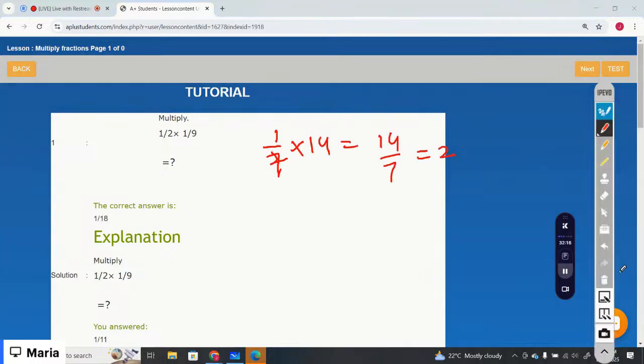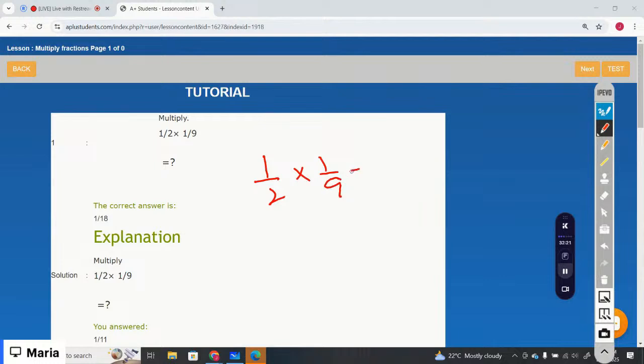So to multiply fractions you have to do the numerator times numerator and denominator times denominator. 1 times 1 is 1 and 9 times 2 is 18. So that is 1 out of 18.